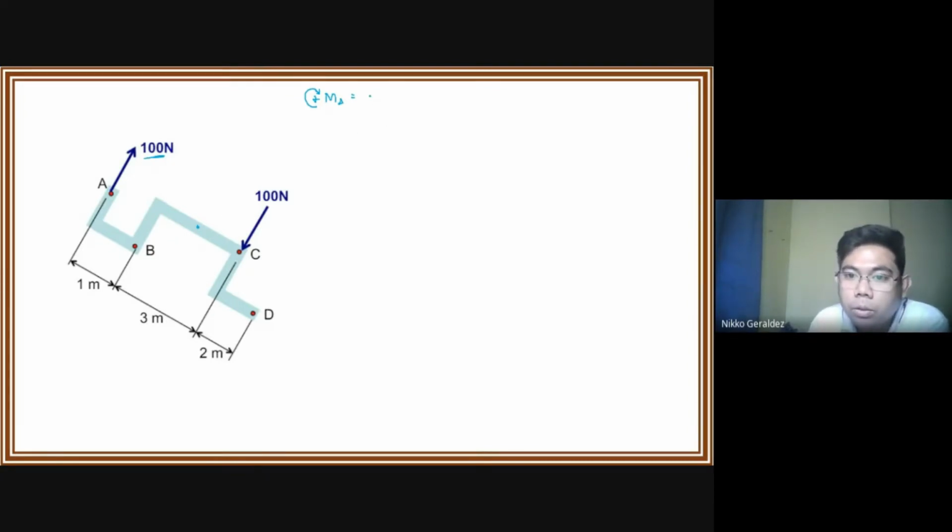That is 100 Newton times the perpendicular distance, 1 meter plus 3 meters, so that is 4 meters. Multiplying, that is equal to 400 Newton meter. That is the couple moment produced by the 100 Newton forces.